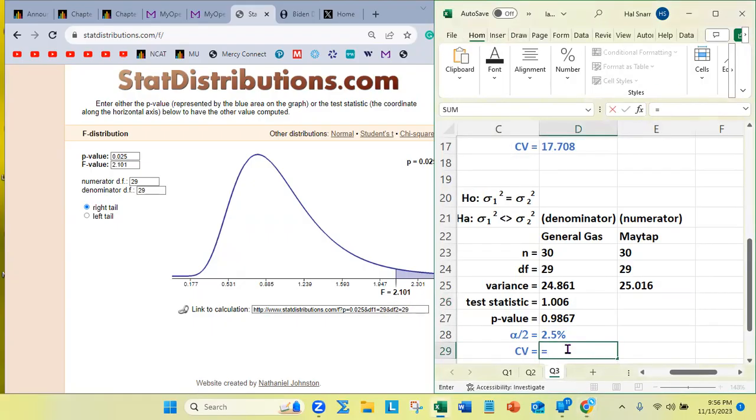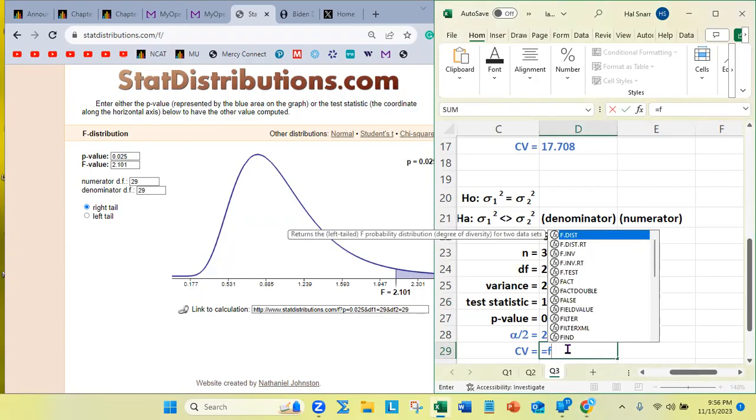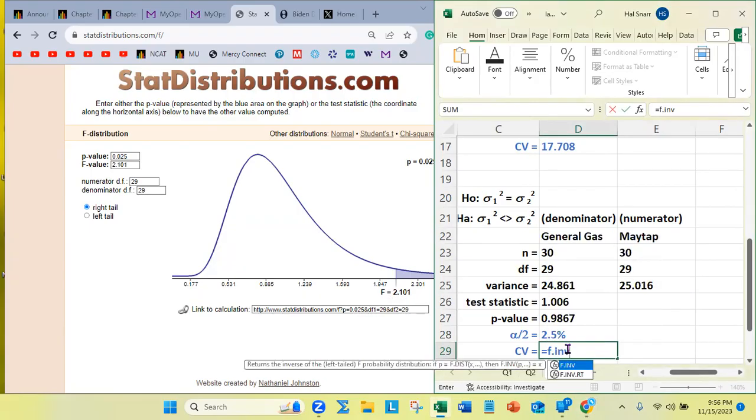So again, we're using the upper tail. So we're going to use F.INV because the input to this is a probability value, the 2.5%. But again, because the test statistic will always be bigger than 1, since the bigger variance is in the numerator and the smaller variance is in the denominator, we use .RT, right?